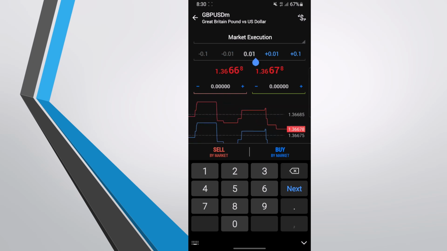The moment this first zero right here turns to 1, just like I said here, when you come to 0.10, the moment this 0.10 turns to 0.20, that is 2 mini lot size, 3 mini lot size, 4, 5, 6, 7, 8, 9 mini lot size.